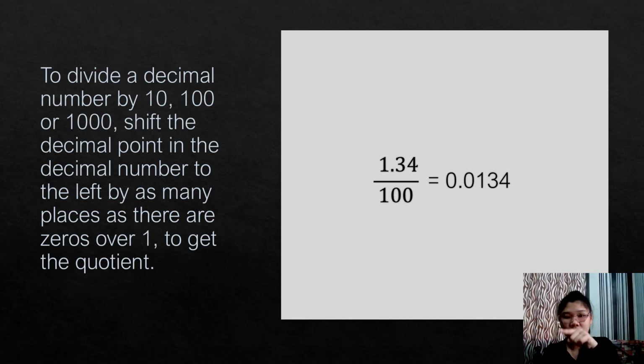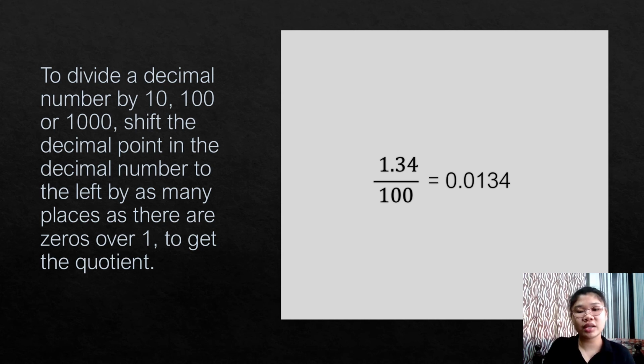So, that is first movement, 0.134. And then next movement, that is 0.0134. That depends on how many zeros you are going to divide. If you divide 1.34 by 1,000, 1,000 has 3 zeros, so you have to move 3 decimal places to the left. If you have 10, you only have to move 1 to the left. So I hope that is clear.